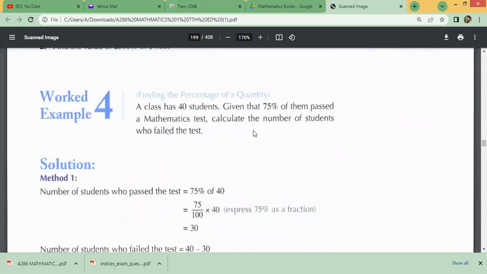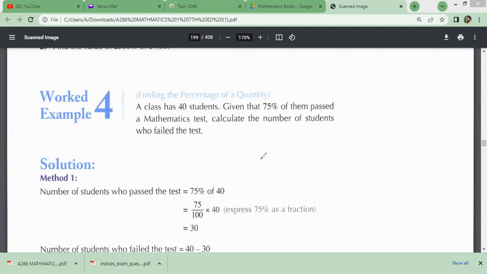For example, we are given a certain percentage and we want to find the exact quantity, we can do that as well. The worked example was like this. A class has 40 students, given that 75% of them passed in a maths test. Calculate the number of students who failed.